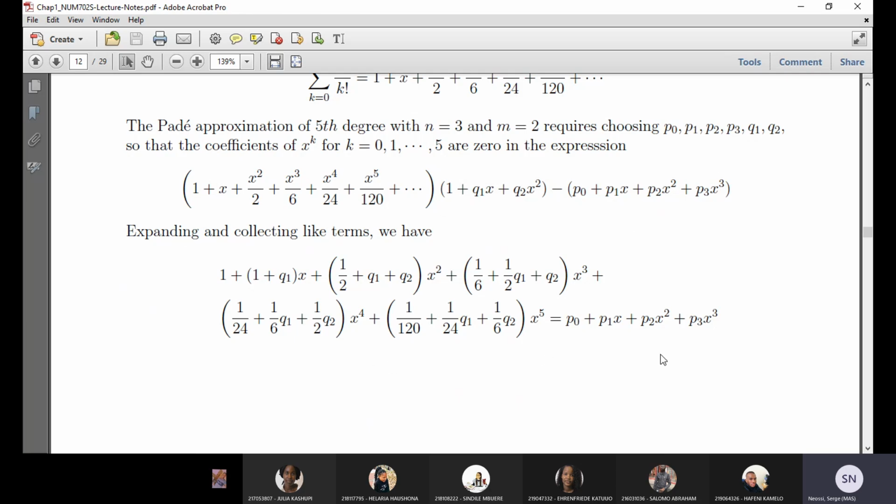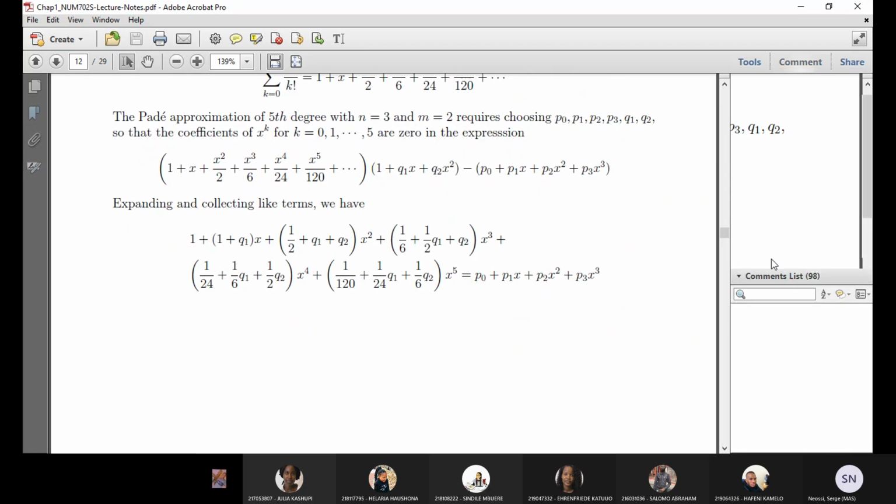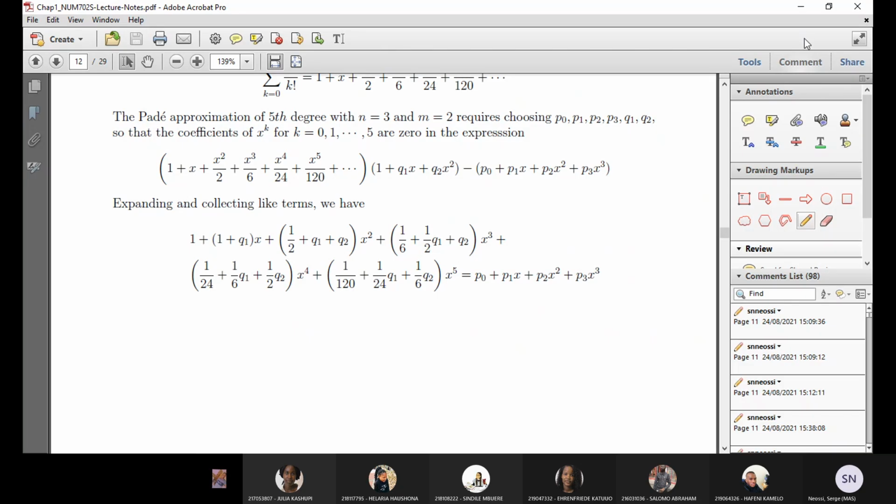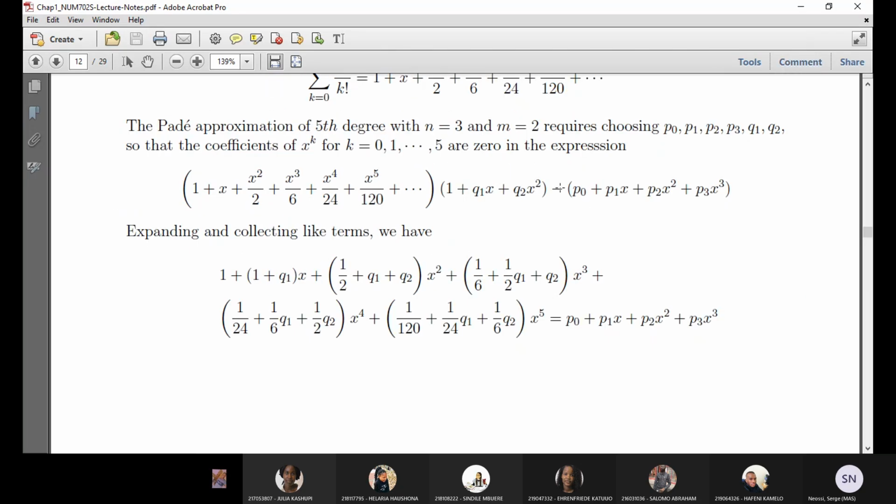Or if you want, let us expand. Okay, so we set this to be 0 because this is equal to 0. If we set that to be 0, we can put the equal sign here. So we can write that this is equal to that. Now we expand this.